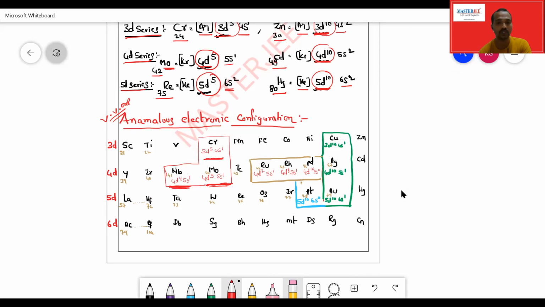Up to 10th class level, you may have studied only two of these, chromium and copper. But in higher classes, we have to study all these cases.